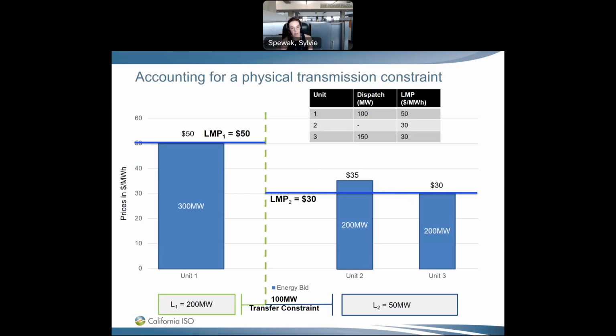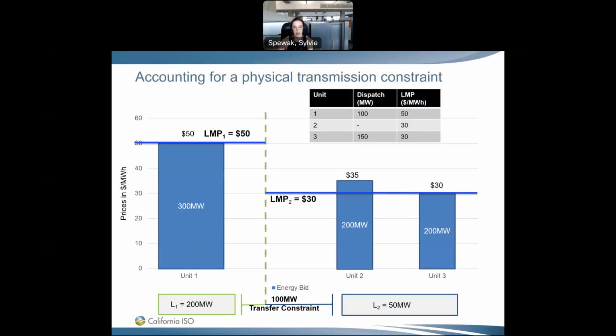So the LMP in balancing area 1 is $50 per megawatt hour, and Unit 1 responds to that price. The LMP in balancing area 2 is $30 per megawatt hour, and Units 2 and 3 respond to that price only. And I've summarized this in the gray box above. Is this efficient?